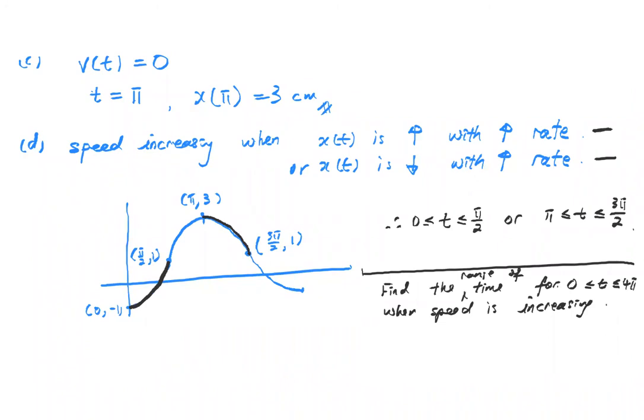We know that for this function, each cycle is 2 pi. So 4 pi means it gets into the second cycle. So my answer for this one will be this answer, and for the next cycle, everything I plus 2 pi.